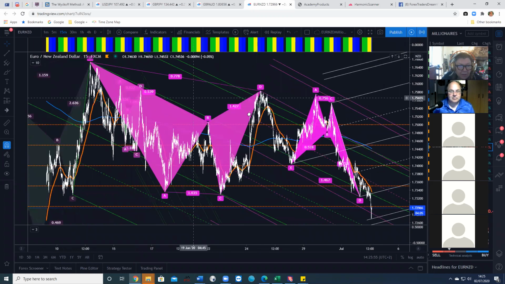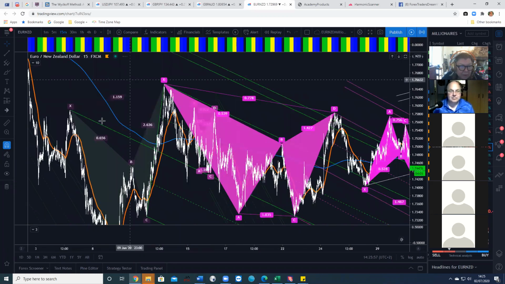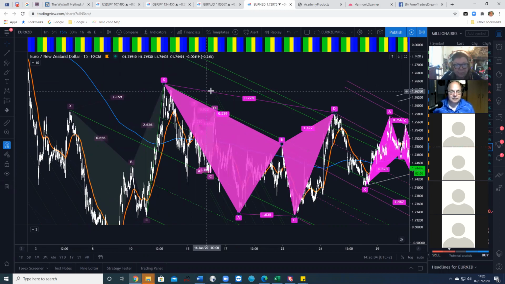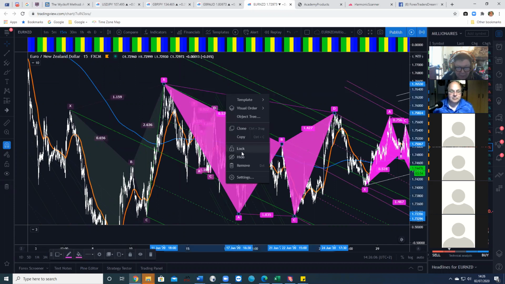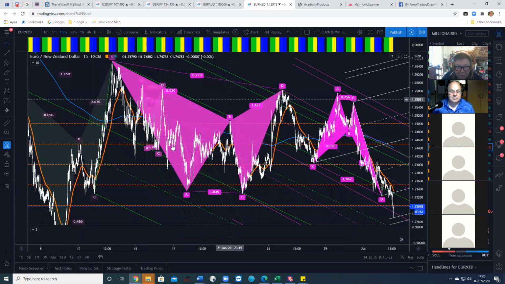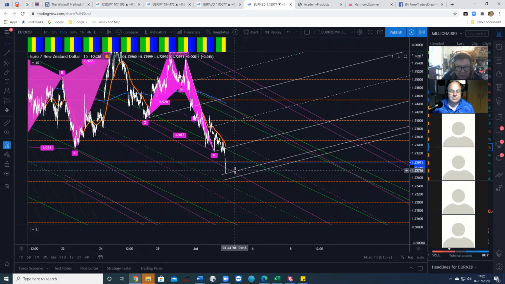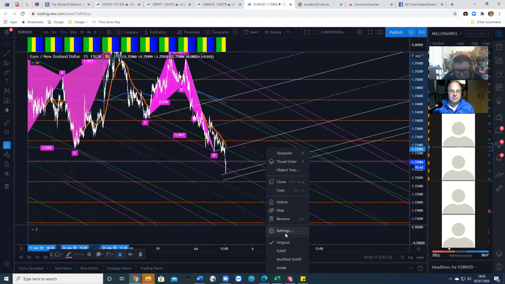And then there's this green one from the 11th of June. At the moment, but they're both the same, so you just pick one, but we're not going to bother with them because it's outside this current scan and it's fallen right off.